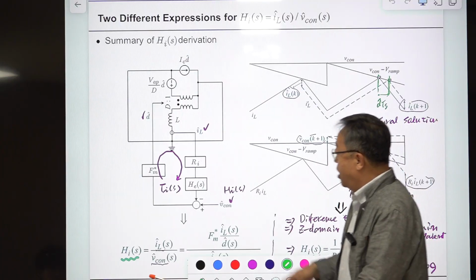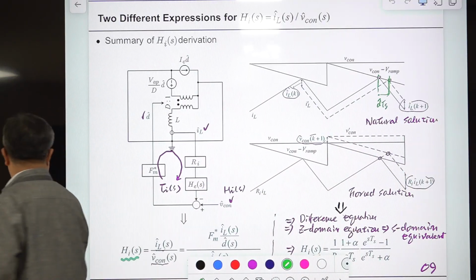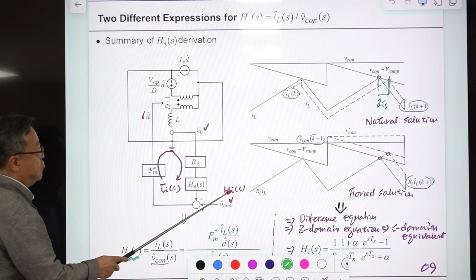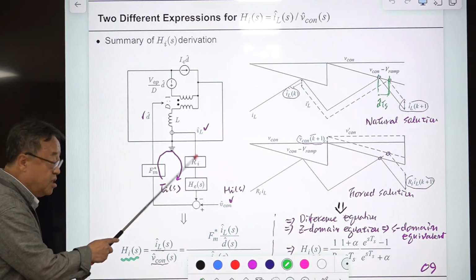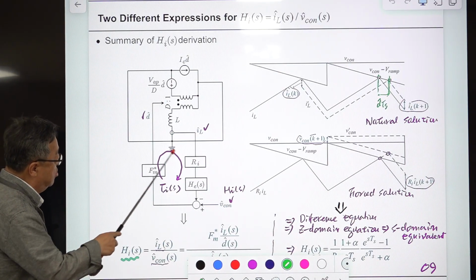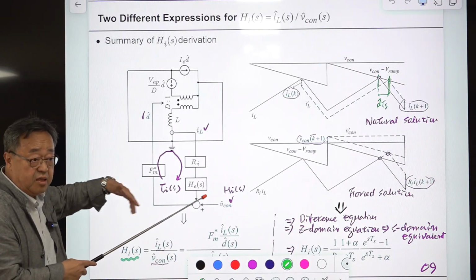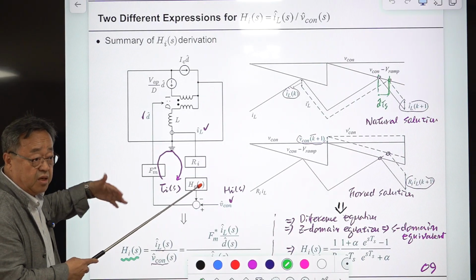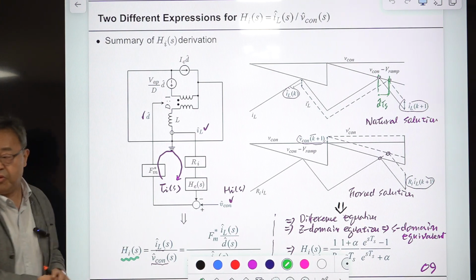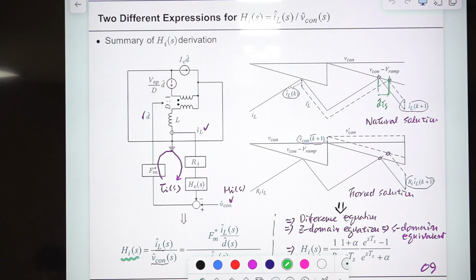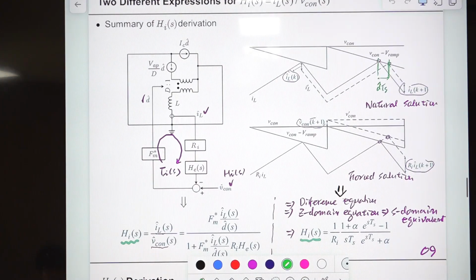Okay, so that is TIS, and HIS is simply the transfer function from here to there. It's not directly related with it. It is related with this, but they are different. I think I made some mistake. I got confused with the two things, but let's differentiate them clearly from now.